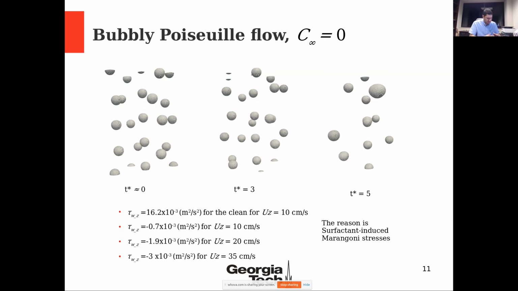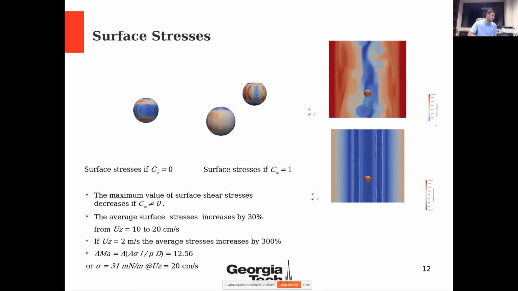As I said, when we say coalescence decreases, it means that the surface velocity decreases, so the bubble acts like a solid particle. So it's very important to capture the surface velocity. But in general, as I said, in VOF, the parasitic velocity at the interface causes problems.